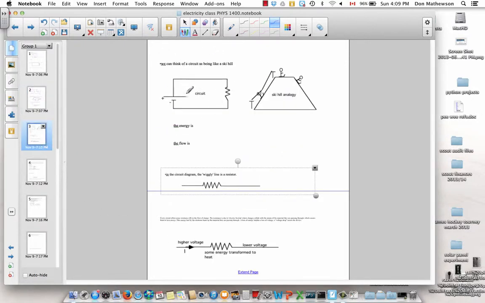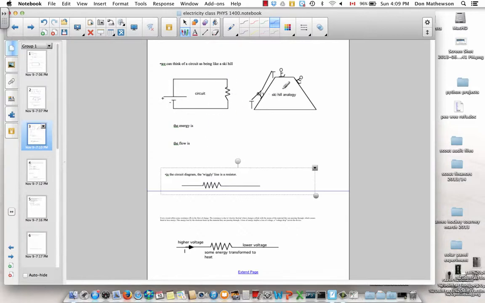We can think of an electric circuit as sort of like a ski hill. Here we've got the cell, which provides energy to the circuit and which pushes charges around and makes things flow. And on the ski hill, the chairlift gives skiers energy, and then from that point on, it's gravity that makes them flow around down to the bottom. Just like electrostatic forces make the charges flow in this circuit once they've been separated.